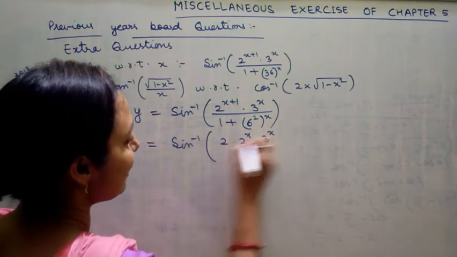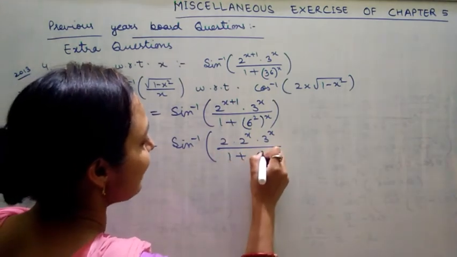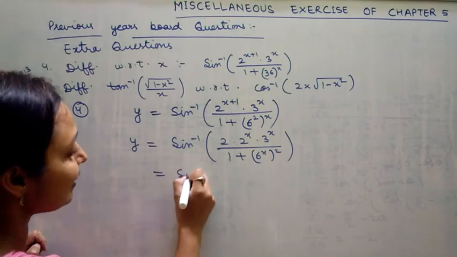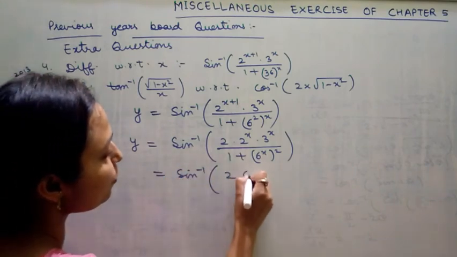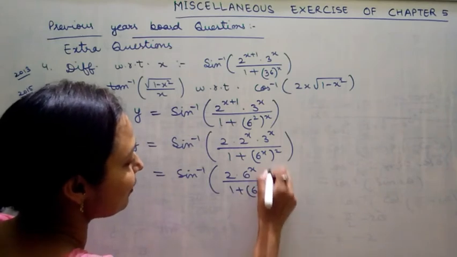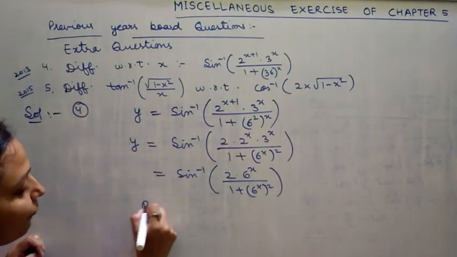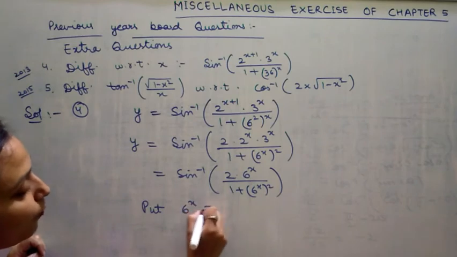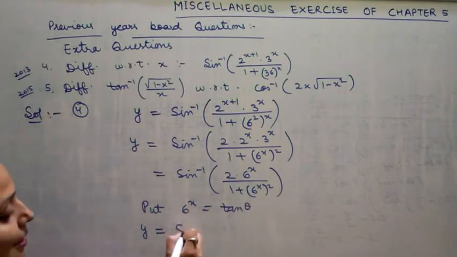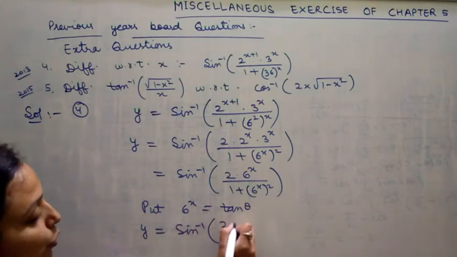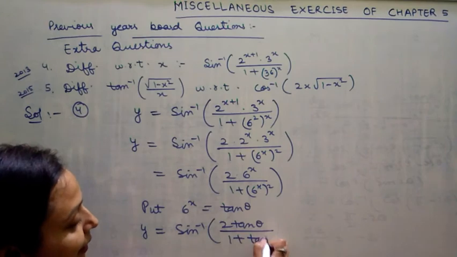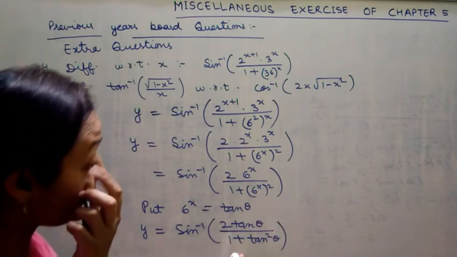I will write it as sine inverse 2 into 6 raised to the power x upon (1 + 6 raised to the power x) whole square. You all know this is the formula for which you have to put the value tan theta here. y is equal to sine inverse 2 tan theta upon 1 plus tan square theta. This is the formula of sin 2 theta.